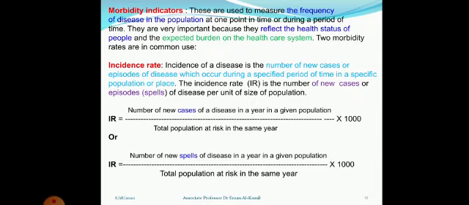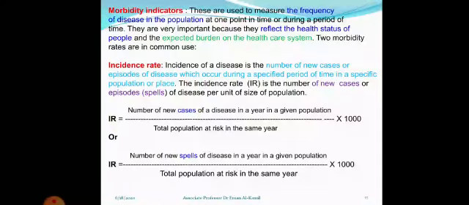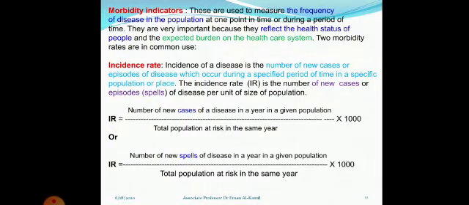Morbidity indicators. We have two more important indicators for morbidity, which reflect the frequency of the occurrence of the disease and the existence of different types of diseases.